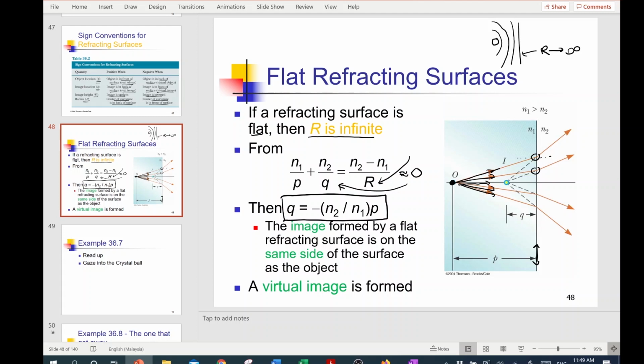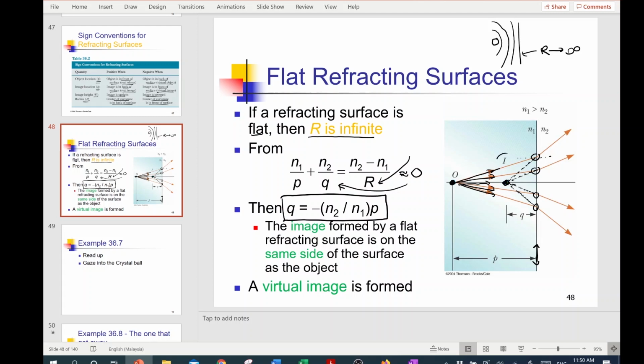Different angles will be refracted by different values. If we trace all of these, we will find out that they appear to diverge from this point.